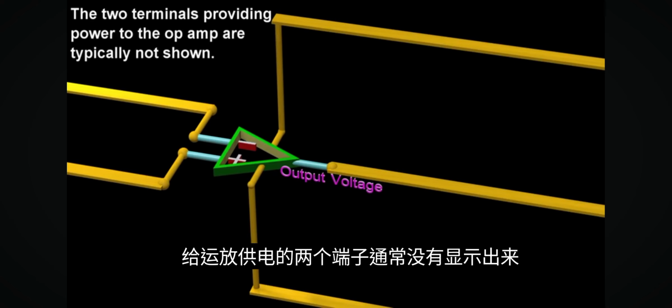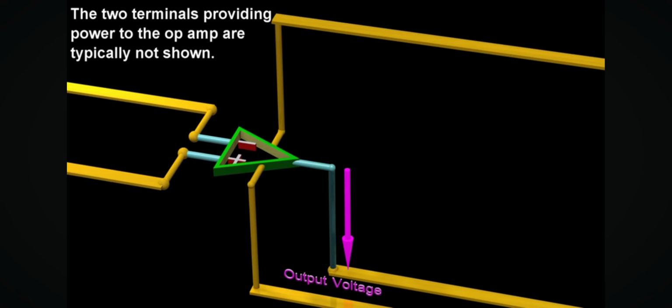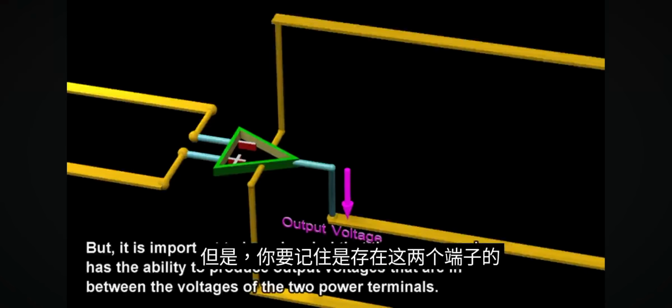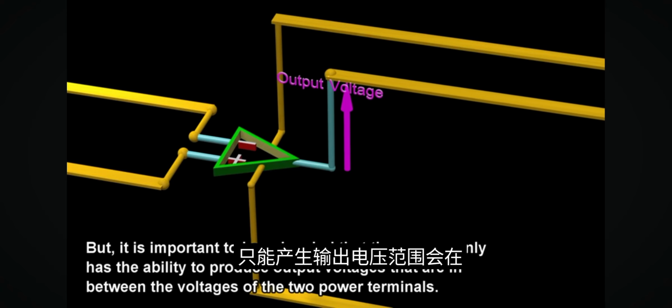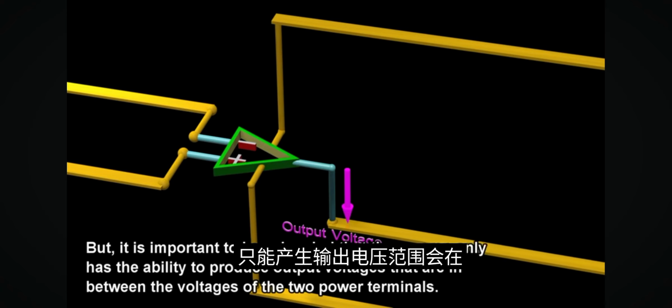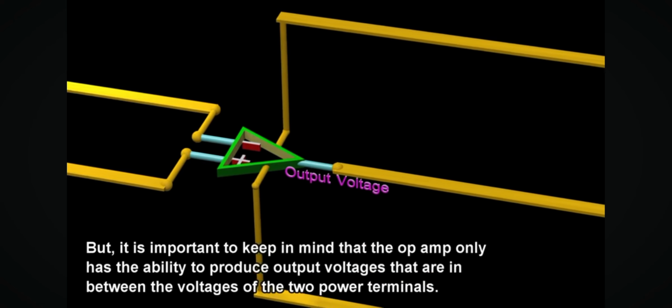The 2 terminals providing power to the op-amp are typically not shown. But it's important to keep in mind that the op-amp only has the ability to produce output voltages that are in between the voltages of the 2 power terminals.